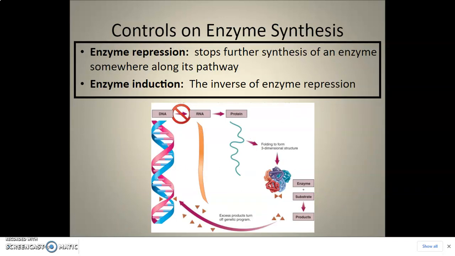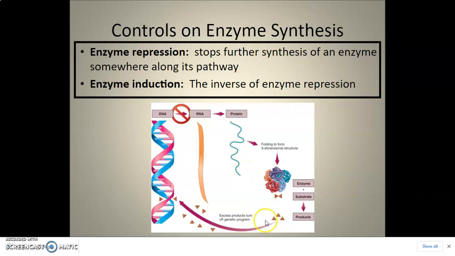And this is essentially going to be some sort of interaction between the product or substrate and the DNA, okay? So the DNA carries the information that's then going to be transcribed into a message and then translated into a protein.